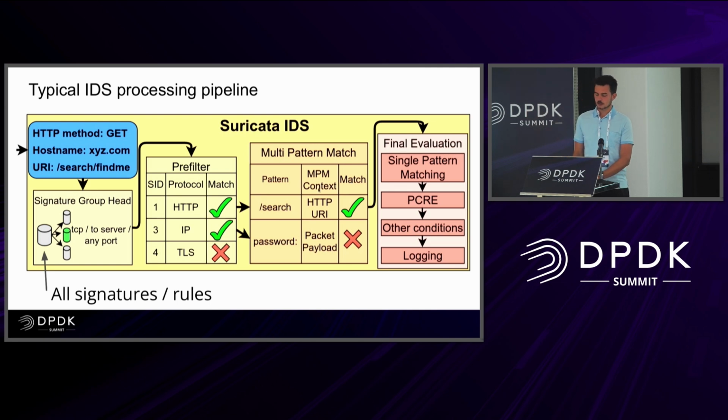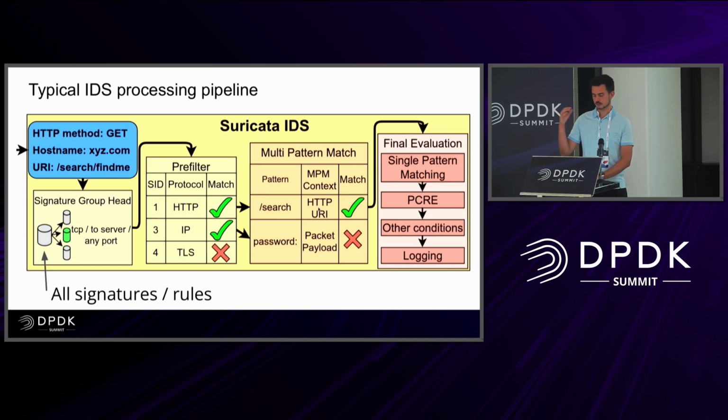So the multi-pattern matching is the main CPU-intensive operation of the intrusion detection system, and that's what we were mainly looking at. It operates in multiple contexts. So the multi-pattern matching generally tries to be as specific as possible.